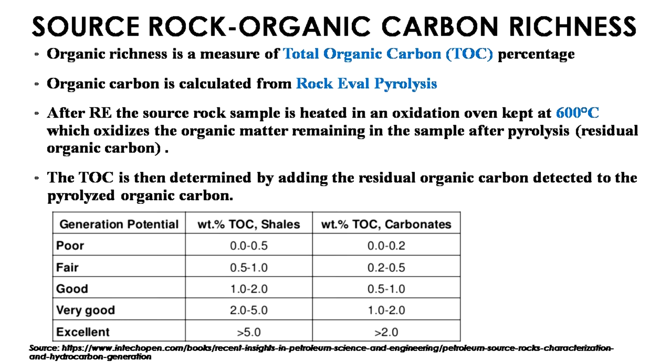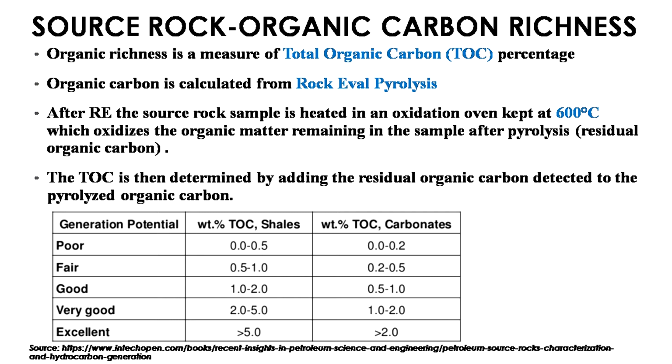What do we do with that data? Just by looking at the total organic carbon, you can classify how good the rock is. So, if you have an organic carbon content 0 to 0.5 weight percent, you would say the source rock is poor in quality.